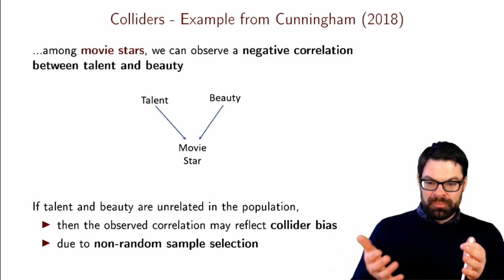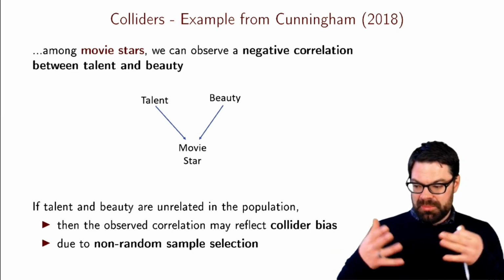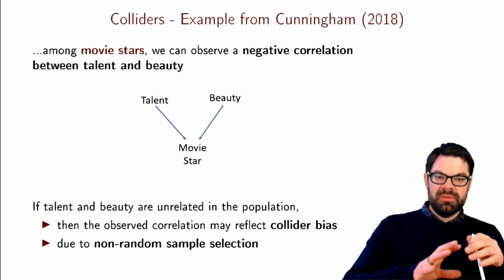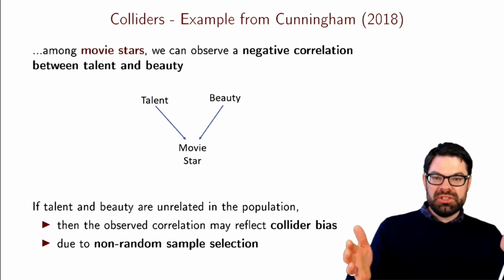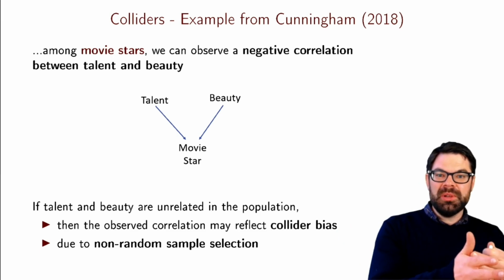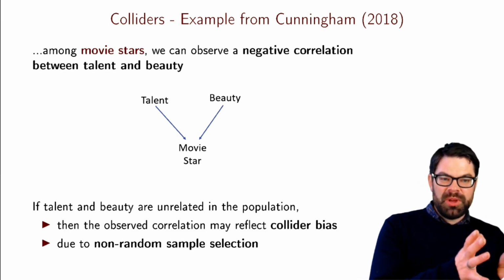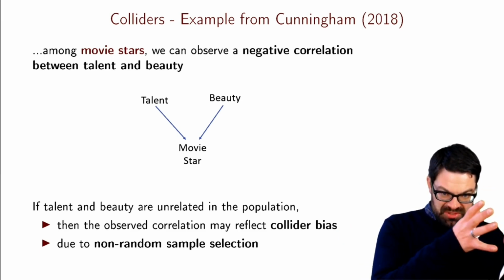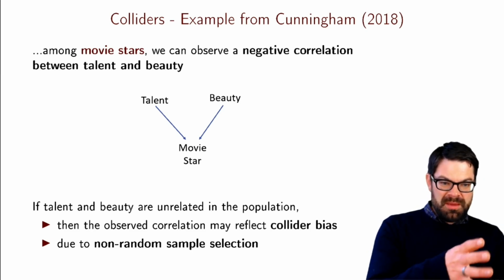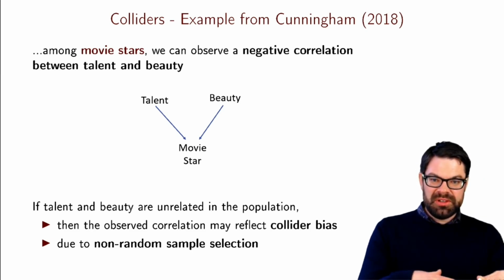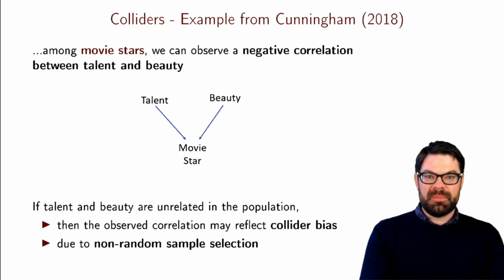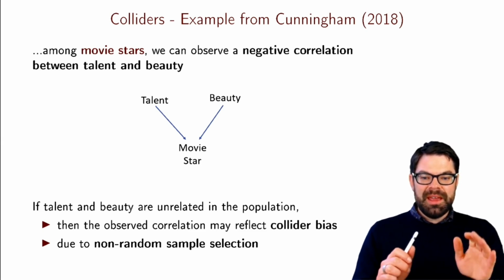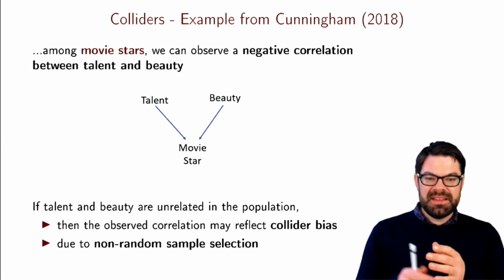Okay? So what happens very often in applied research is we don't take the full population, but we take a particular sample, like a particular group, and by using only that particular group, we may actually introduce collider bias. And that's the example here.